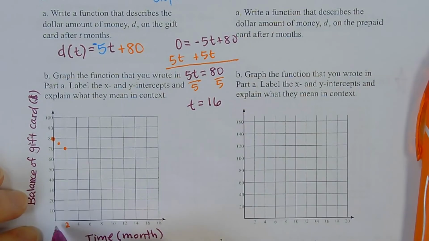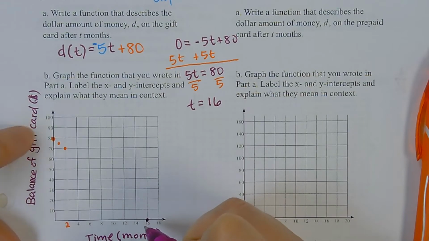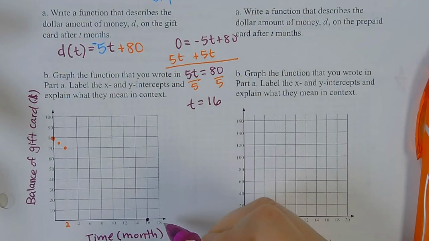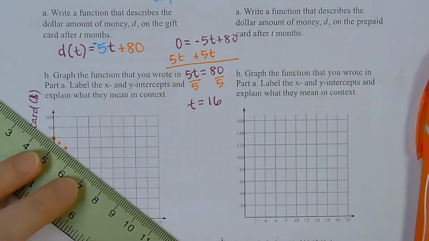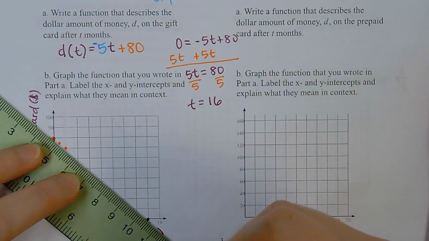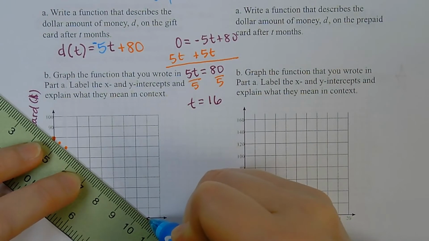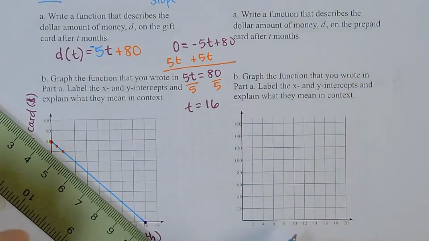So that's actually our x-intercept. Right here at 16 months. Personally, what I like to do is find the y-intercept and the x-intercept and then just draw that line, because we know it's linear, so it's not going to change in between. I'm not going to draw an arrow.